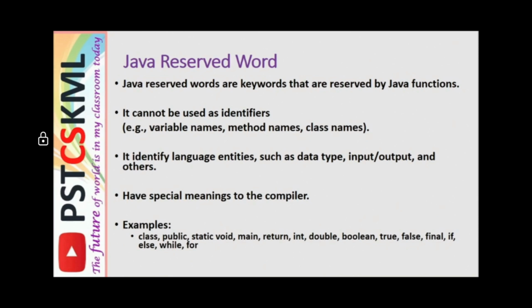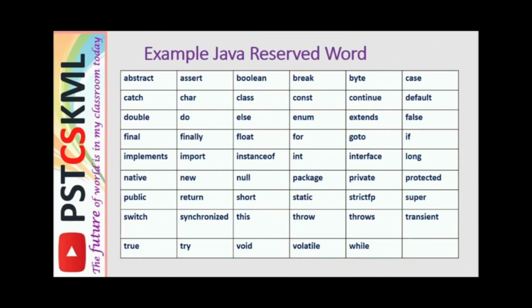Java reserved words have special meanings to the compiler. For example, class, public, static, void, main, return, integer, double, boolean, true, false, final, if, else, while, for. So this is an example of Java reserved words.